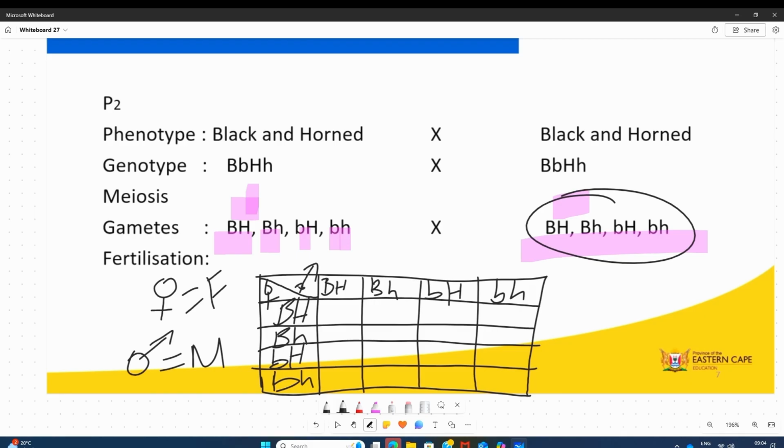So when you are crossing the two, when the fusion occurs, it will be a capital letter and a capital letter. That is the fusion between this gamete and the first gamete from the female side. And then the second gamete is crossed with the second gamete from the male. Now we have 2 dominant alleles for black, 2 recessive alleles for horned. You continue until you reach the last square.